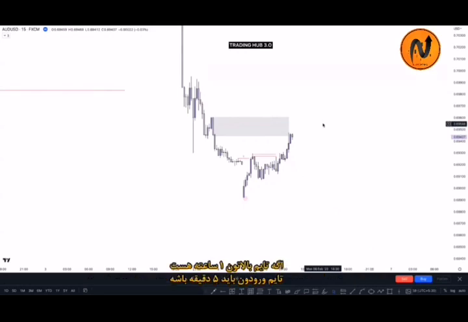But if you are using H1 as a higher time frame, then you can use 5 minute for entry, and if you are using 4 hour as a higher time frame, then you can use 15 minute as an entry time frame, right? So it depends on you which time frame is suitable for you.